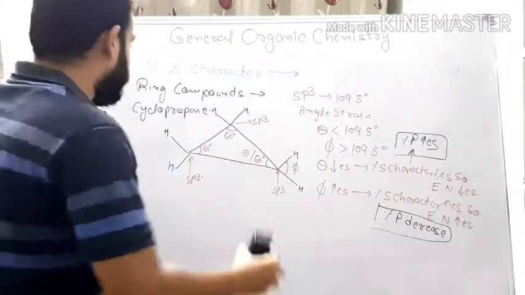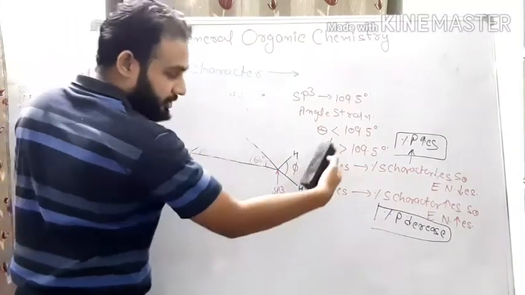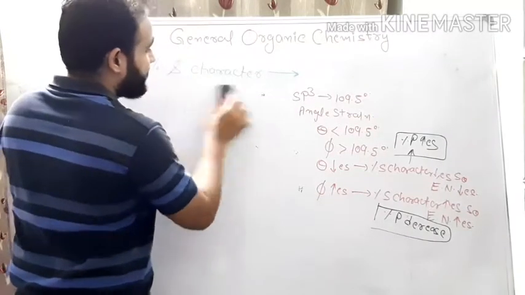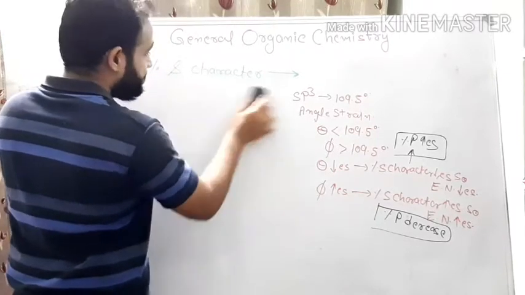How can you relate, friends? See, if you totally understand the concept of theta and phi, then you can easily relate the percentage of s character with ring compounds.